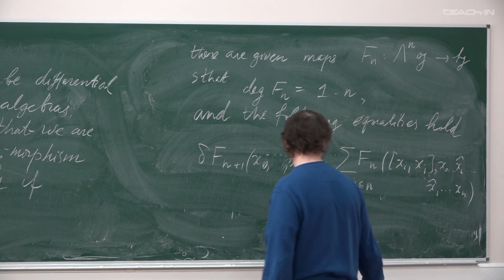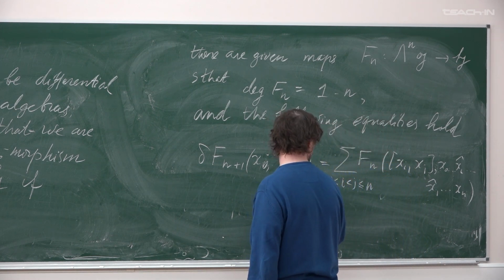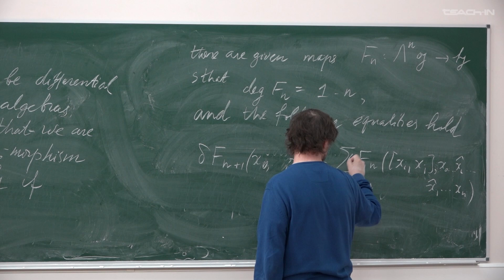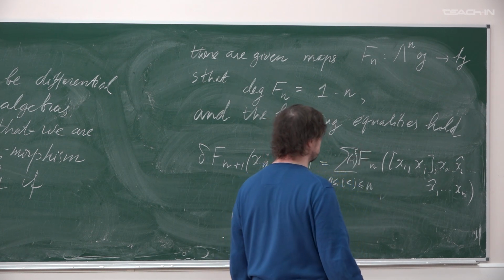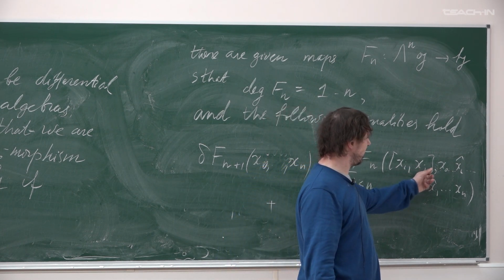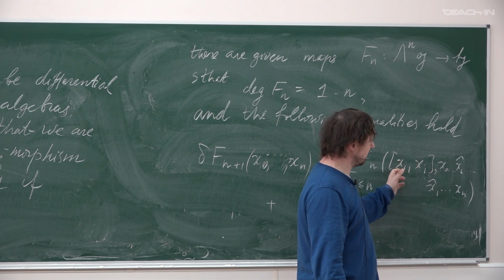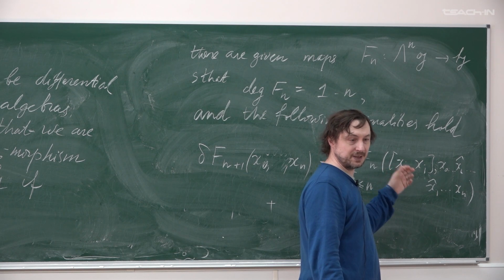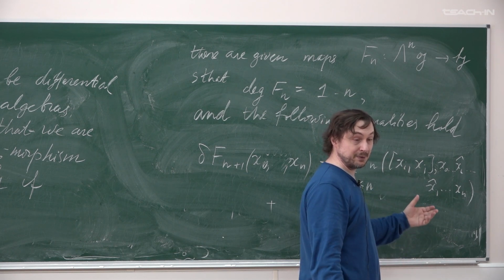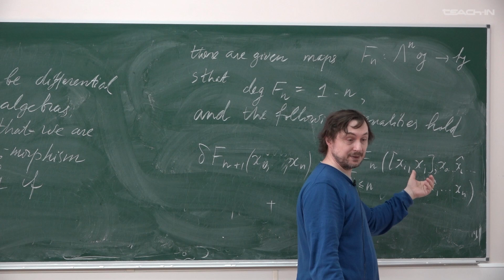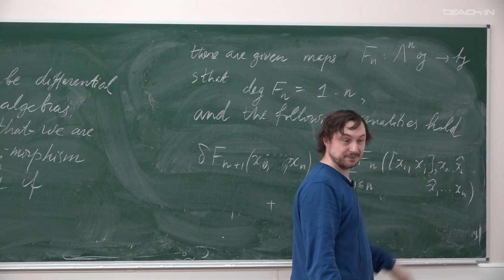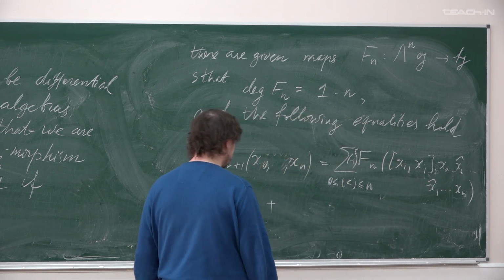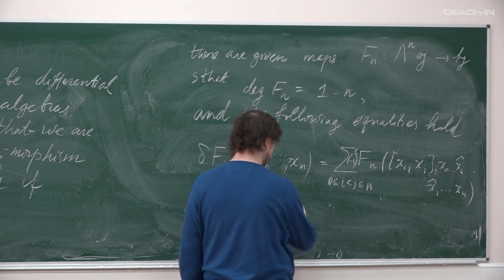But that's not all. The sign here actually depends on i, j, and the degrees of all the elements which appear here. So it's very hard to write down the sign. You just need to remember that whenever you change the order of two elements, the sign appears. But then there will be the second term.